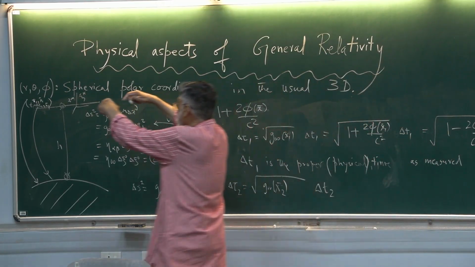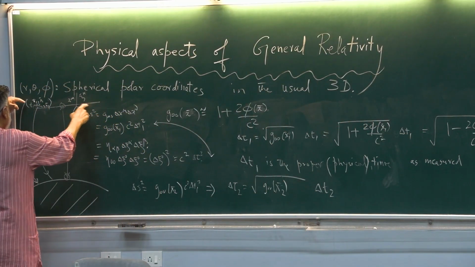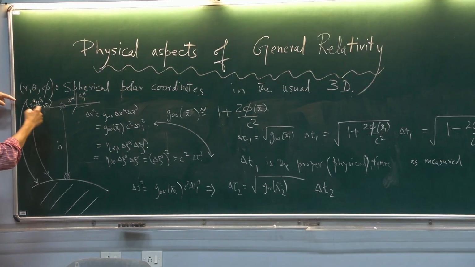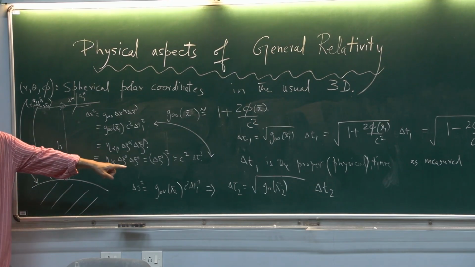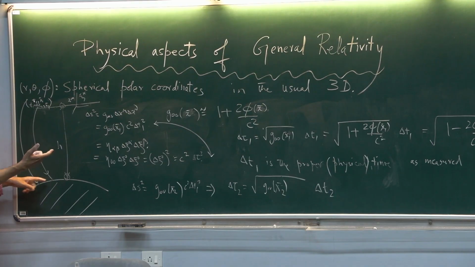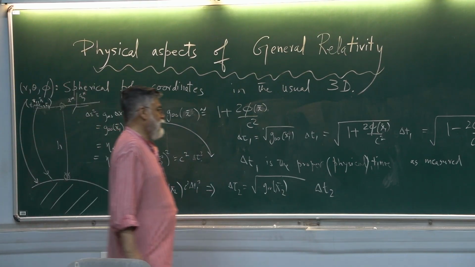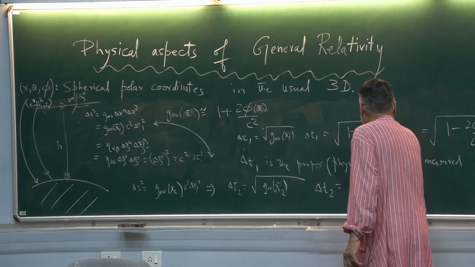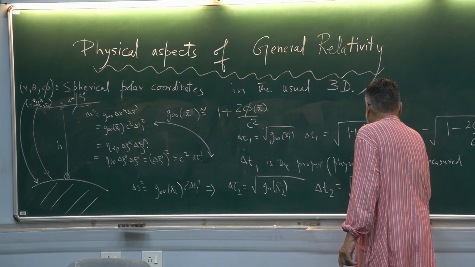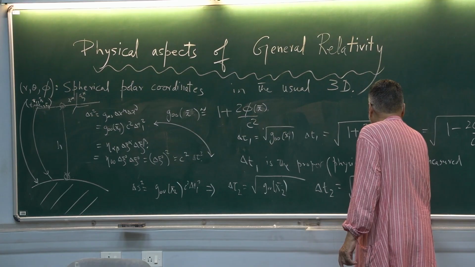The two light signals, here the actual proper time difference between them is delta tau 1. When it arrives here, the actual time difference for an observer here, meaning in the local inertial frame, is delta tau 2, which is given by this, and therefore this is equal to square root of 1 minus 2GM by c square r2, times delta t1.